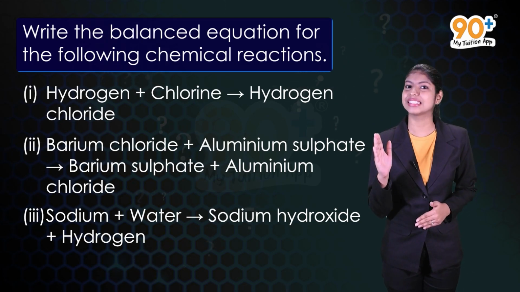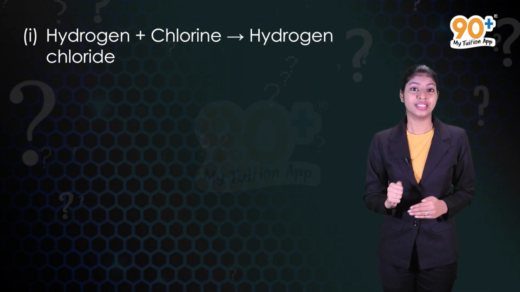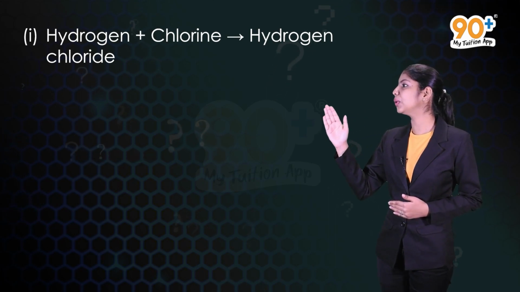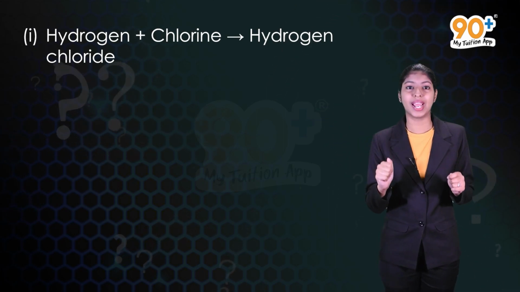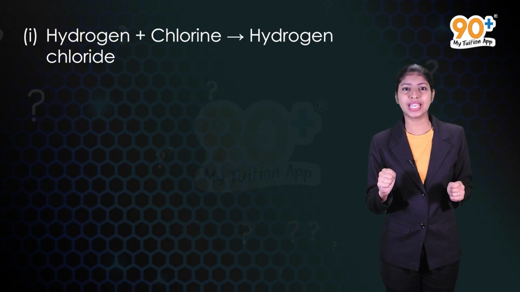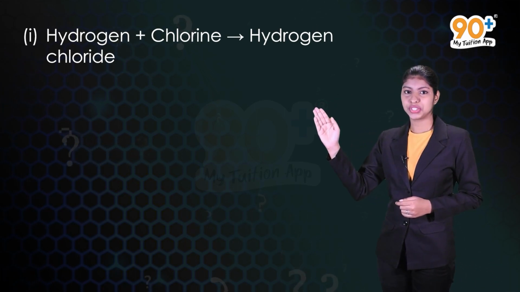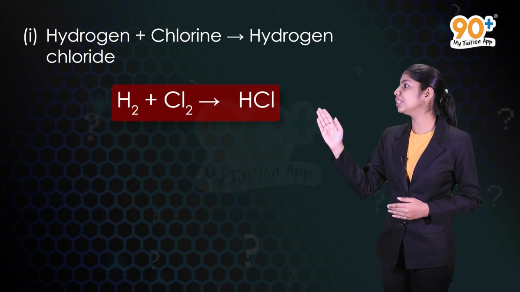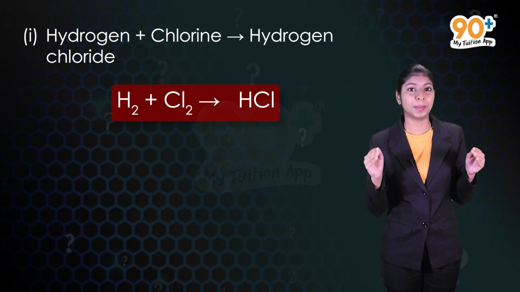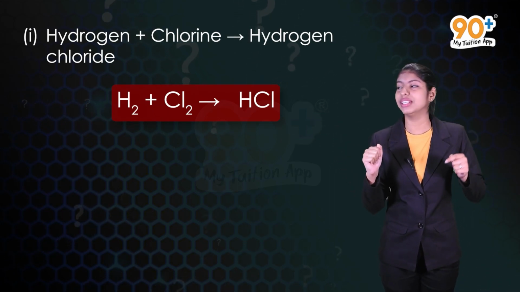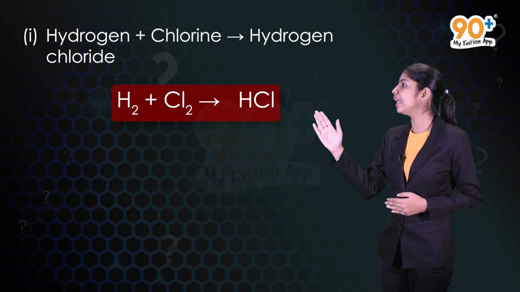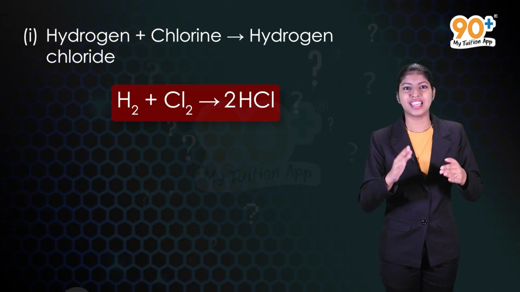For that, let's consider the first reaction, that is hydrogen plus chlorine gives hydrogen chloride. First we can rewrite the chemical equation as H2 plus Cl2 gives HCl. On balancing this equation, we will get H2 plus Cl2 gives 2HCl.